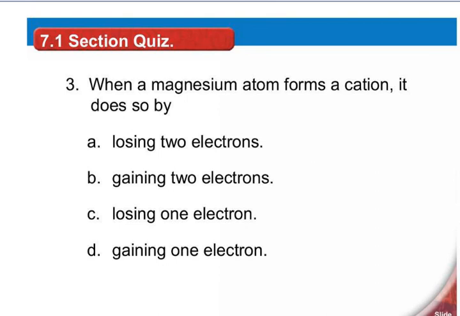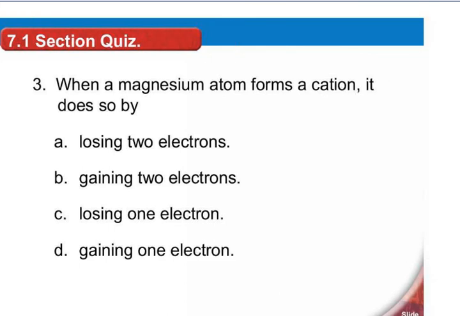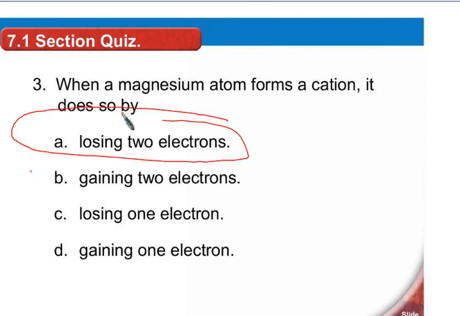And we're back. When a magnesium atom forms a cation, it does so by, well, if it's a cation, that means it's positive. So we will lose 2 electrons. A would be the right answer.